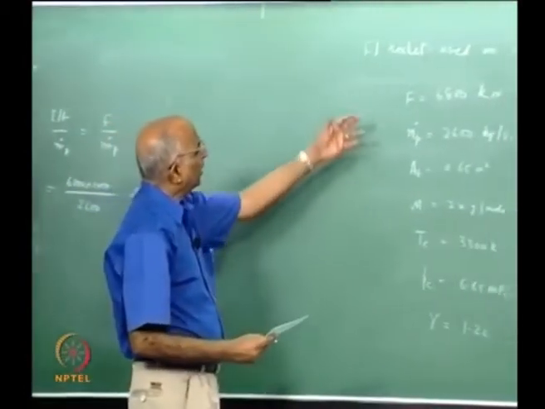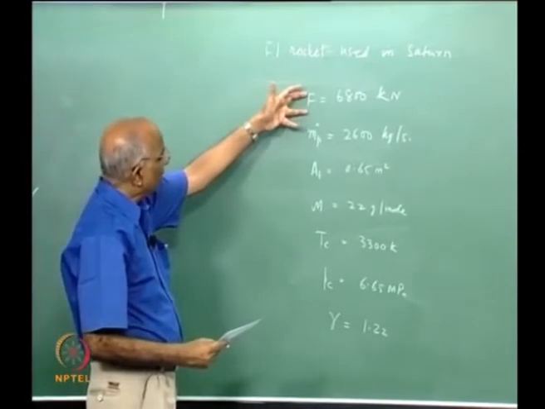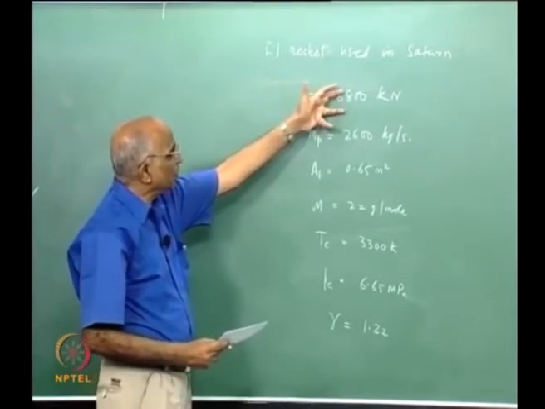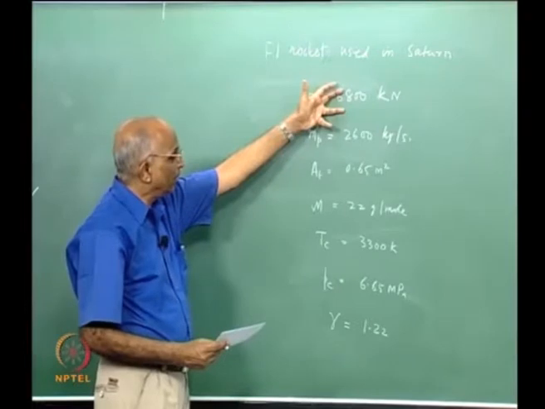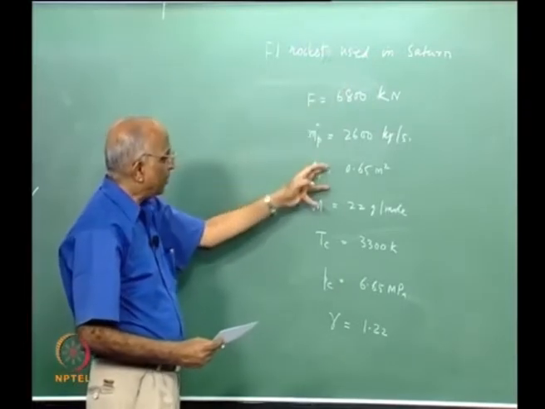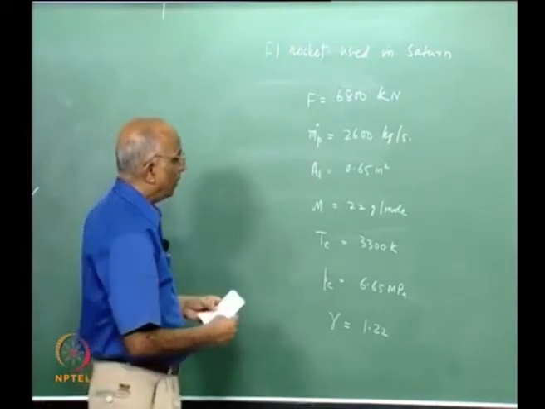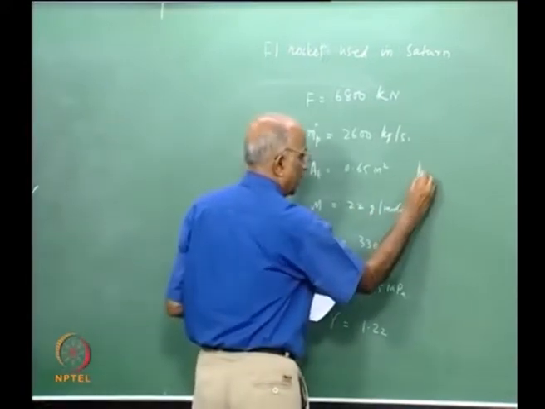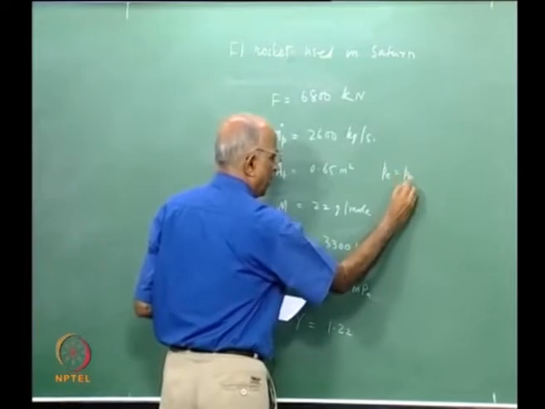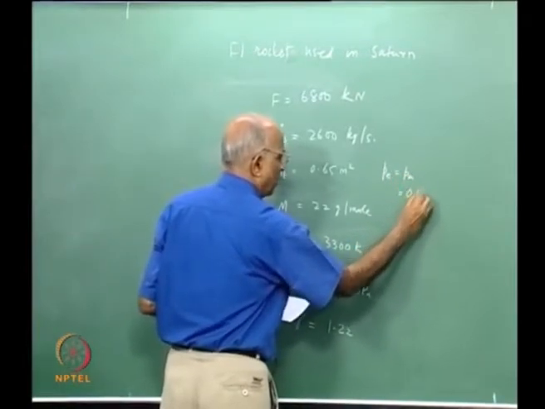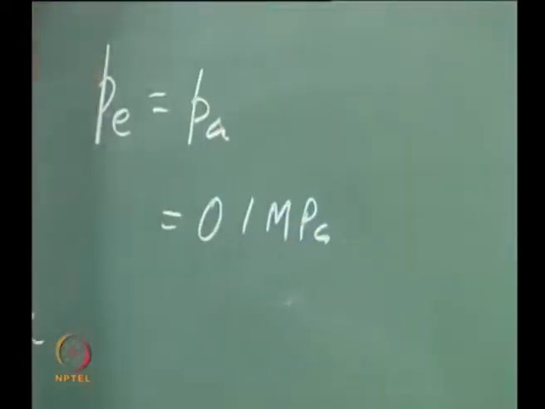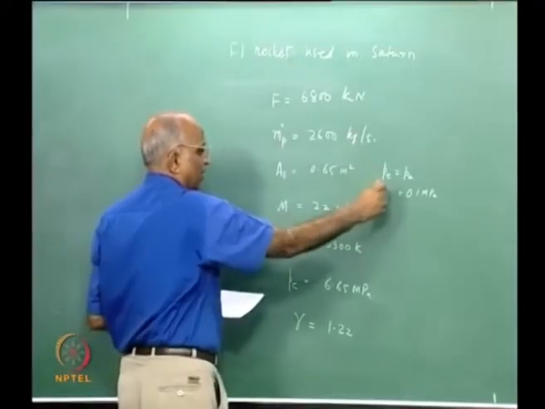This particular rocket develops a thrust of 6800 kilonewton when the exit pressure is sea level, or rather when Pe of this rocket is equal to Pa, which is equal to 0.1 MPa, because the test has been done at sea level.